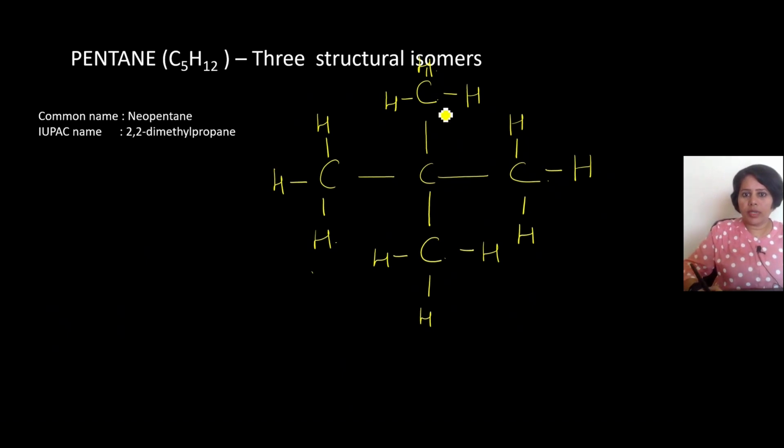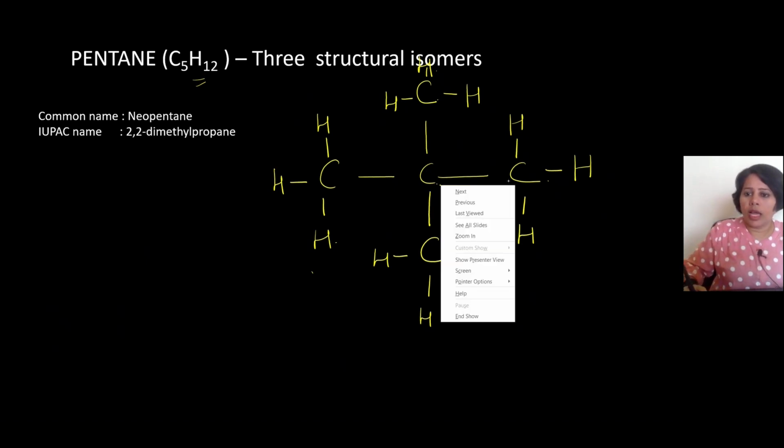So 5 carbon atoms are there and 12 hydrogen, but the structure is different. So it is one of the isomers of pentane. The name of this isomer is neopentane because we have 2 branchings on the same carbon atom, 2 methyl groups on the same carbon atom.